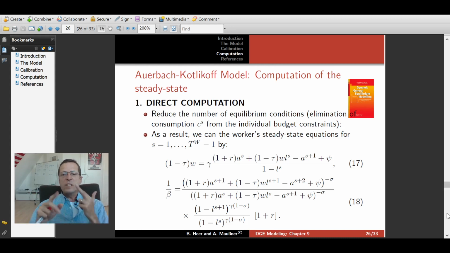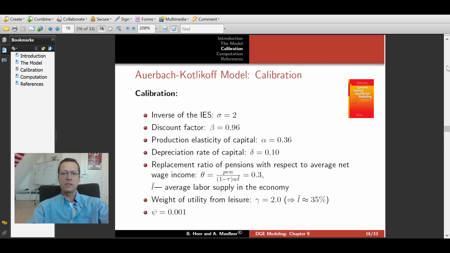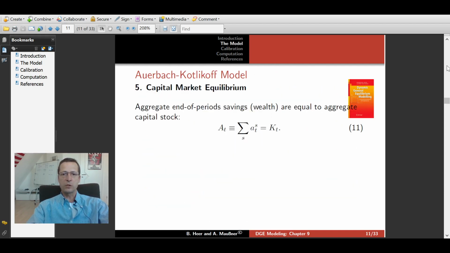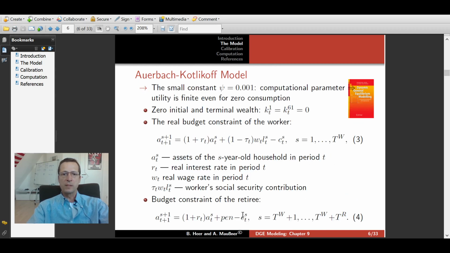We can now reduce the number of equations by substituting the budget constraint in the first order equations so that we eliminate consumption CS. So let's go back to our first order condition here, and we eliminate the consumption by replacing it with the help of the budget constraint.